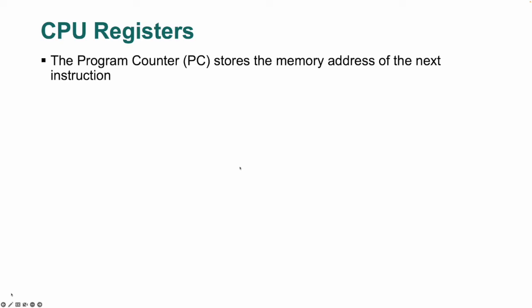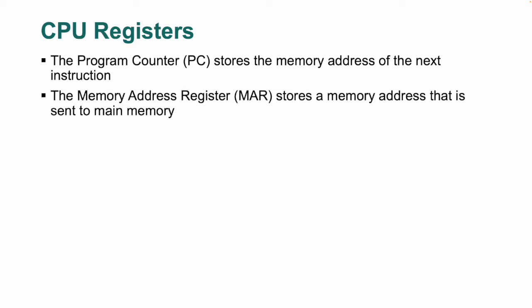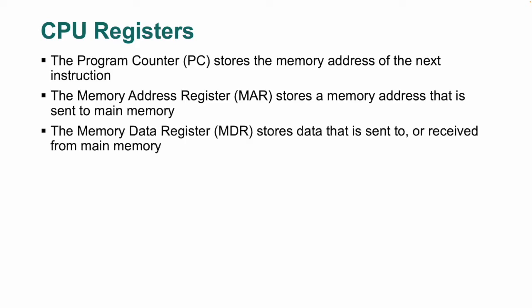Okay, let's review all those components we just talked about in terms of registers. So we had the program counter, which is the first register that we interacted with, and that stores the memory address of the next instruction. We had the memory address register, which stores a memory address that is sent to main memory. We have the memory data register, which stores data that is sent to or received from main memory.